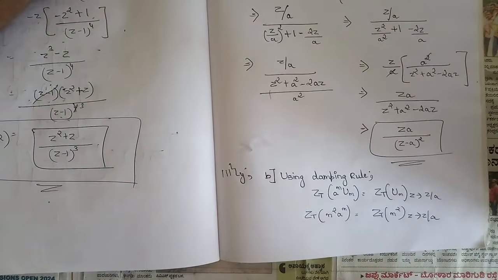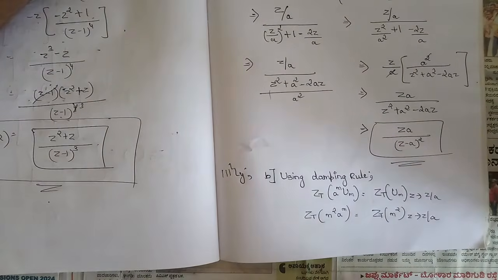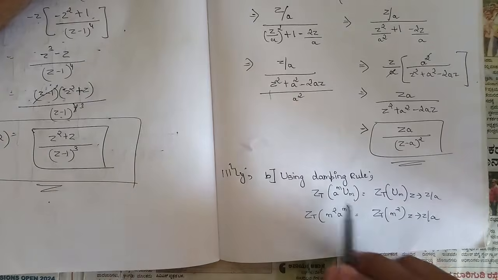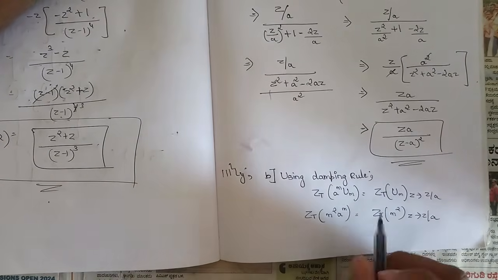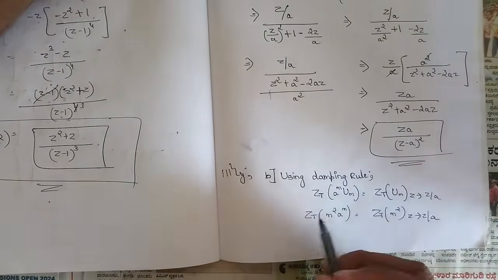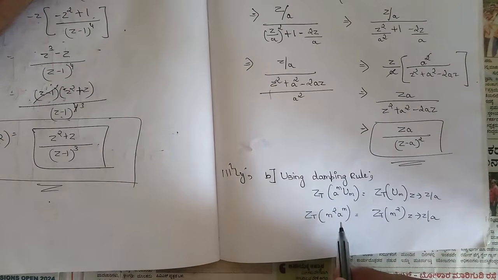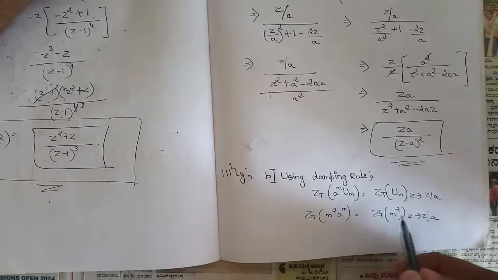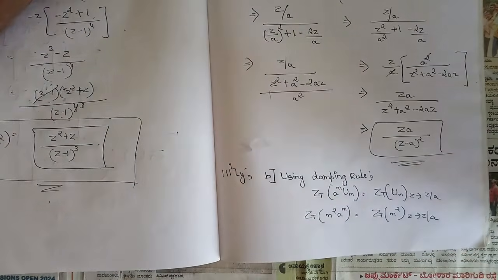Now similarly we need to find the Z transform of n square into a power n. As we did in the first problem, same thing. Here the value of u power n is replaced by n square. The identity of the damping rule says that the Z transform of n square into a power n is equal to the Z transform of n square, where the value of z is replaced by z by a.